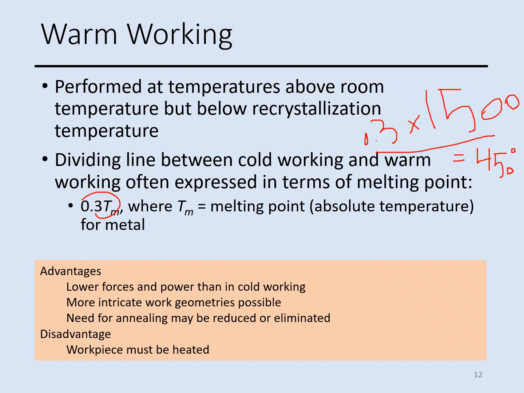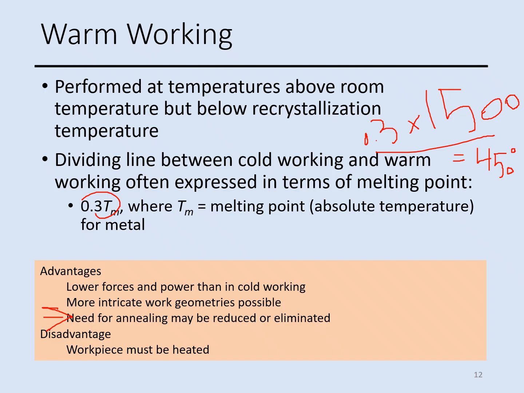And the advantage is that because the material is hot, it can be deformed easily. So we need lower power or lower forces. We can have a workpiece with a complex geometry, and the need for annealing can be reduced.